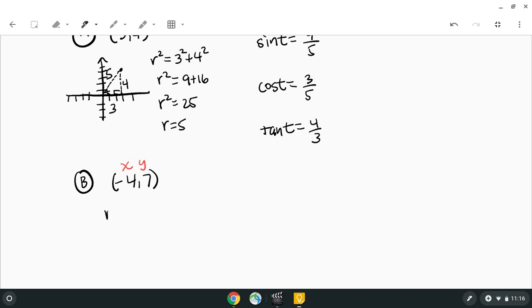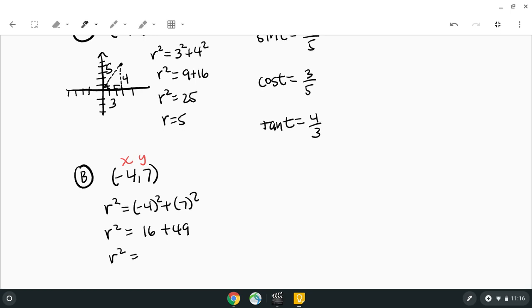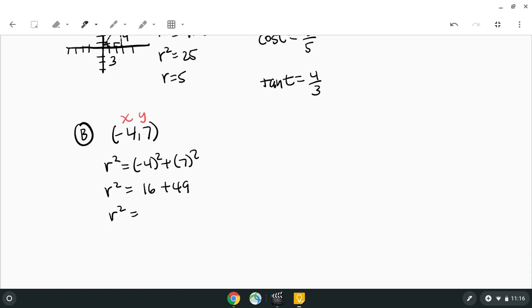All right, so r squared equals -4 squared plus 7 squared. So r squared equals 16 plus 49, so r equals the square root of 65.